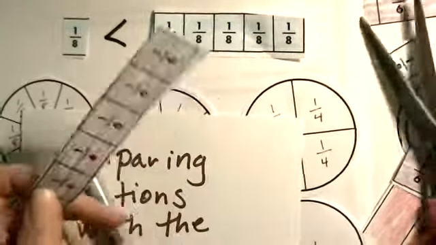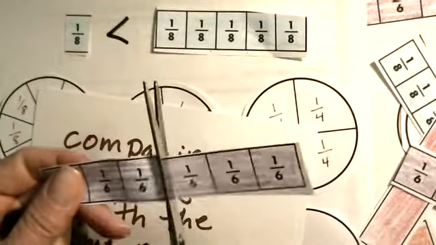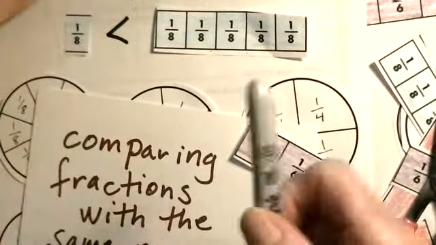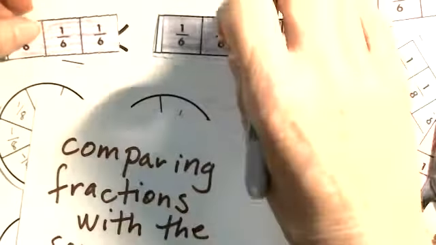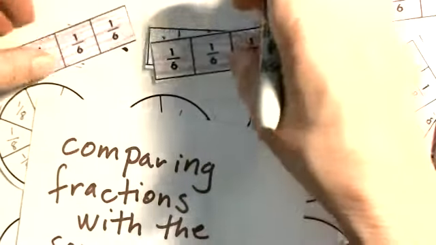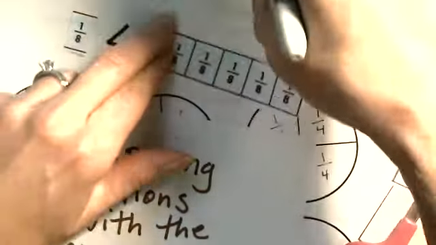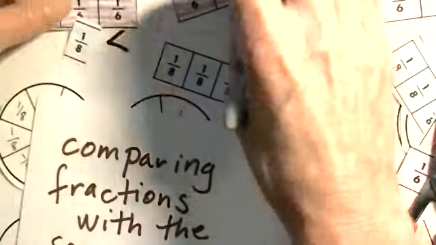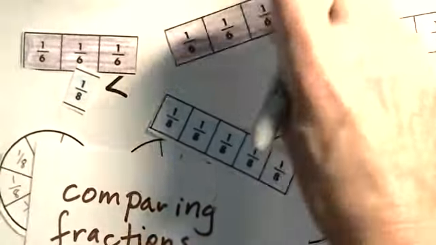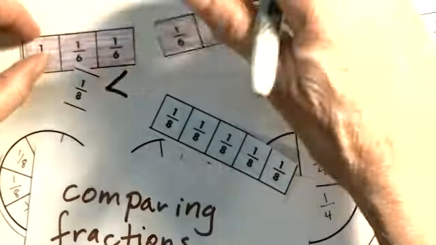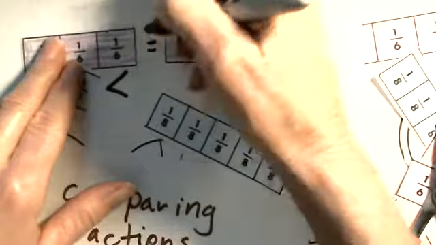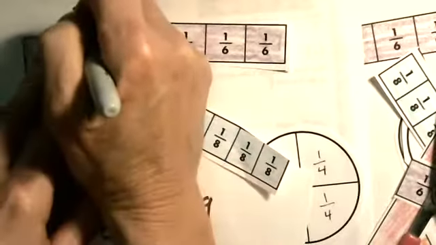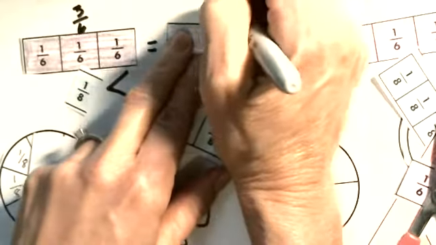If I needed to compare these two, I'd have 3/6 and 3/6, same denominator. Those are actually equal. Okay, 3/6, 3/6.